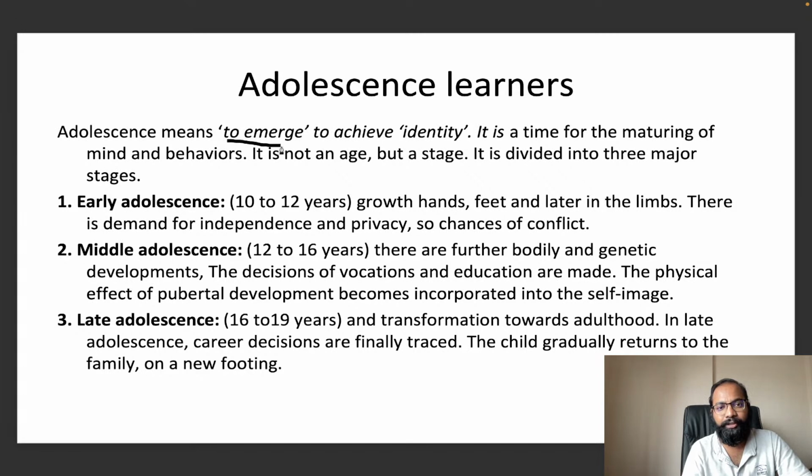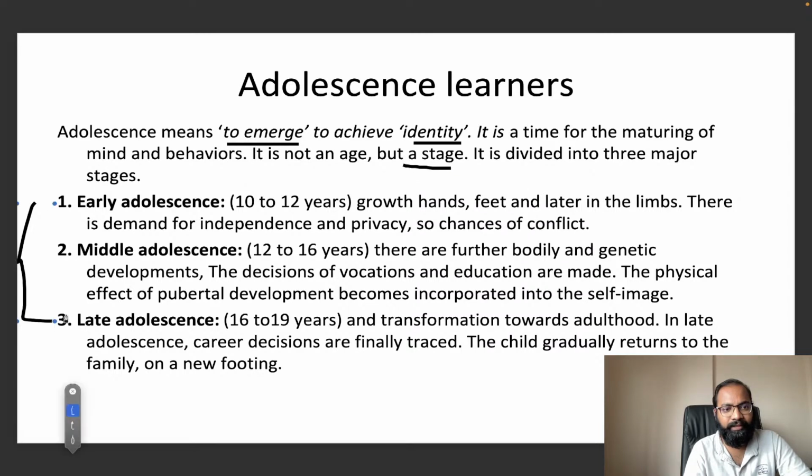Okay, so what is the meaning of adolescence? It is to emerge, okay, and to achieve identity. So adolescent learners are not completely matured, and they are not completely immature. They are in between both these two stages. Okay. So it is the time for maturing of the mind and behavior, and it is not an age, it is a stage. And this adolescence is divided into three different stages.